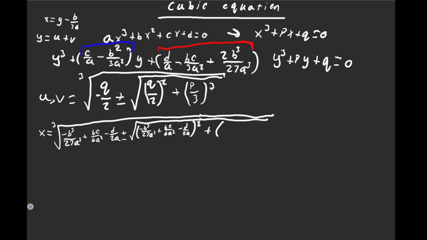Plus p, which is c, where we get c over 3a minus b squared over 9a squared, all cubed. And we could write the whole thing down, which I might as well do now.